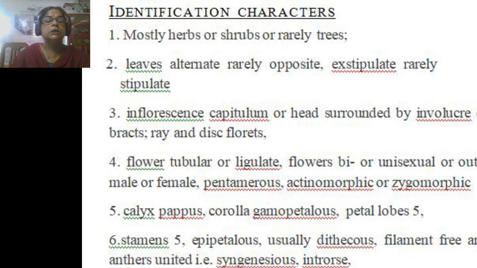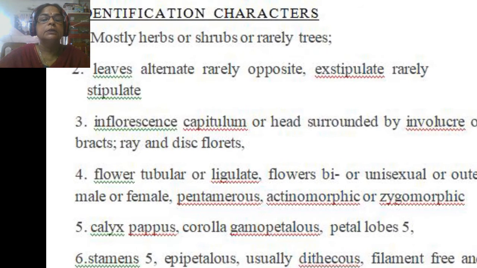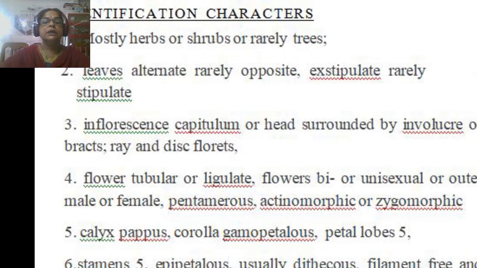Let us study the identification characters. How can you identify the Compositae or Asteraceae family members with the help of their identification characters? This family has three important habits: herb, shrub, and rarely trees.